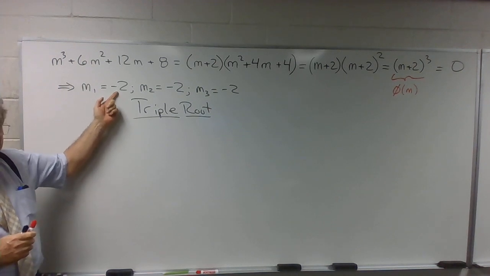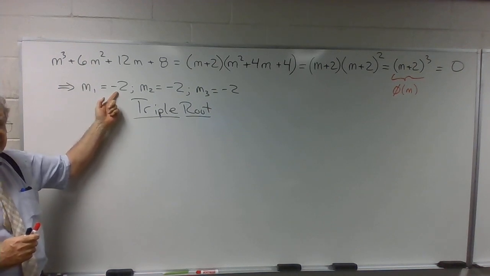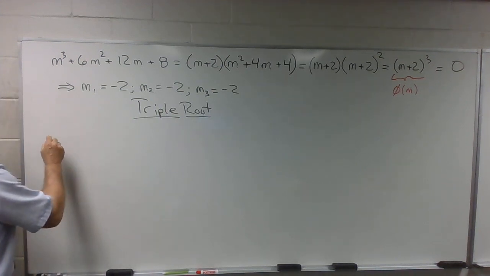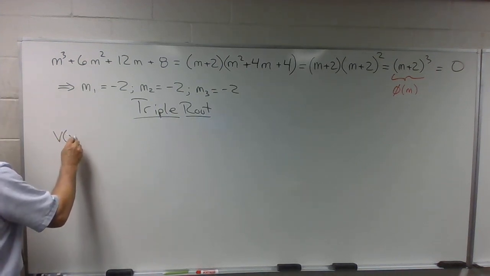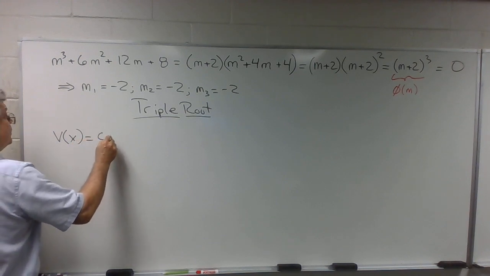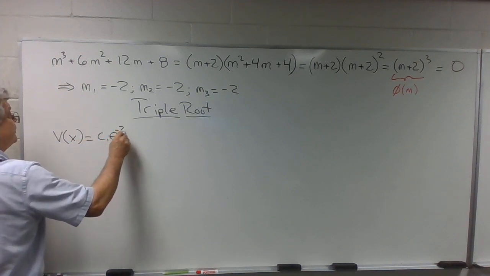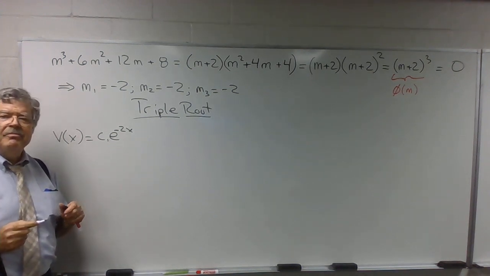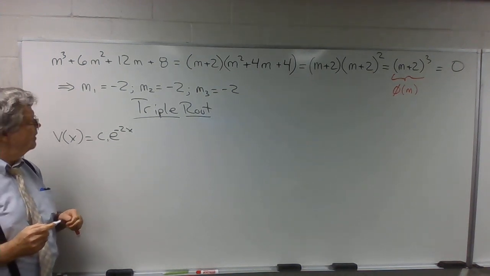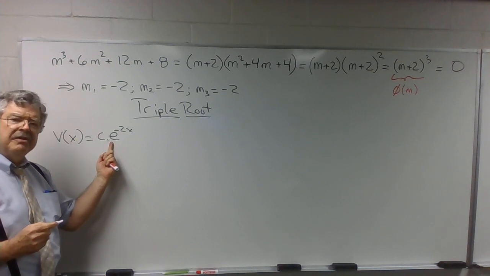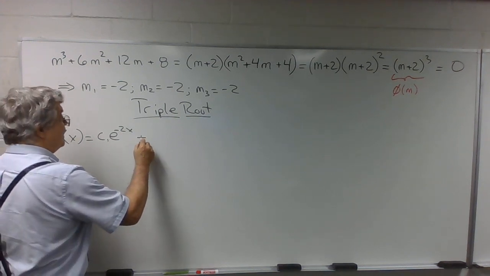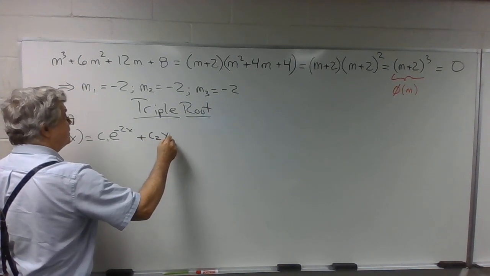e to the negative 2x is going to give us one of those, but where are we going to get the other two? Let's see, here's our complementary solution. C1 e to the negative 2x. Now, based on what we did in the previous example, we might say, okay, take this thing and multiply it by x. And if we did that, essentially, we'd be right.